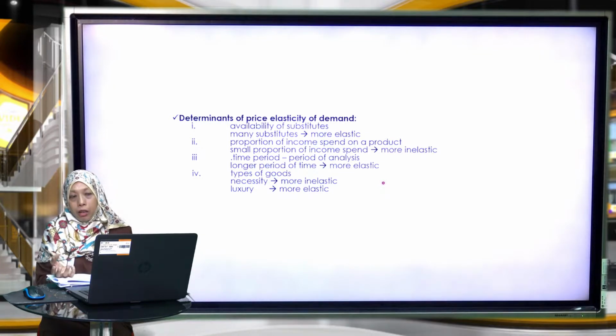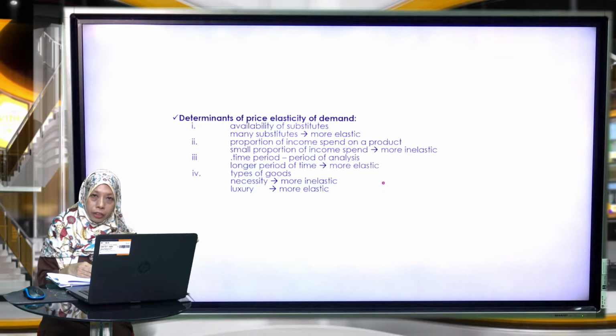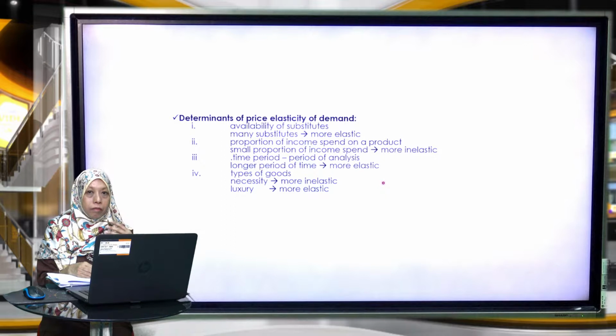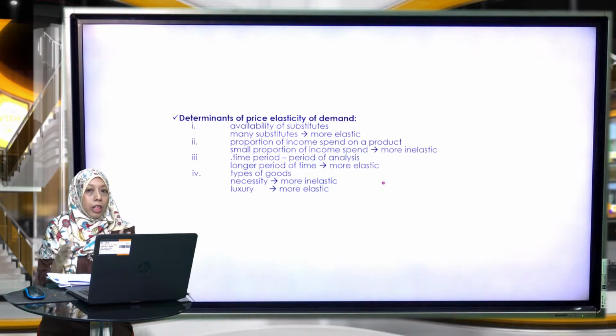Over a long period of time, consumers are able to find other ways of commuting to work, for example. Maybe they want to carpool with their office mate, or use public transportation because over a long period of time the public transportation system has improved, or they simply buy a hybrid car which is more fuel efficient.